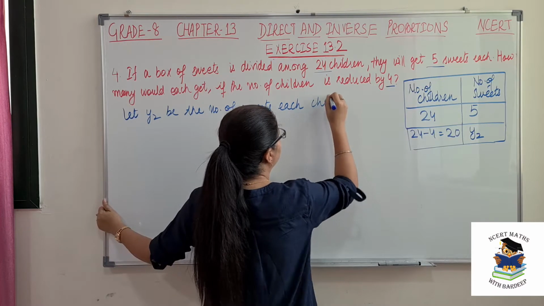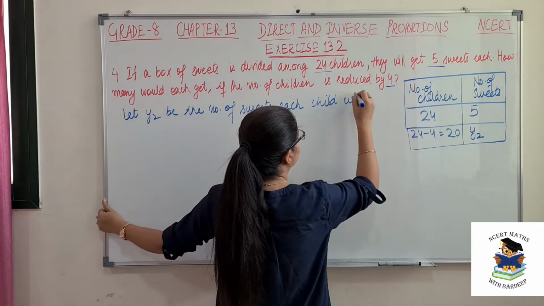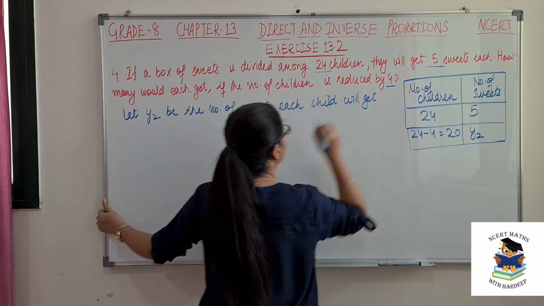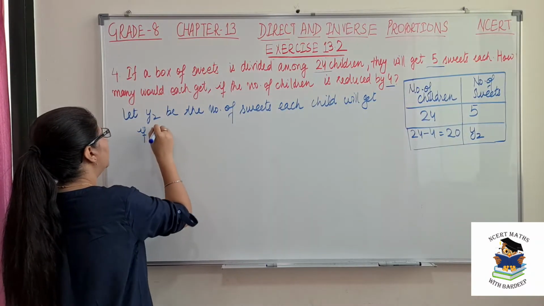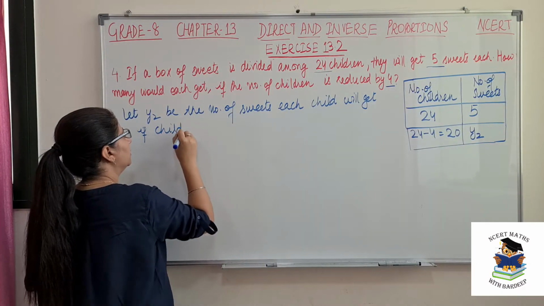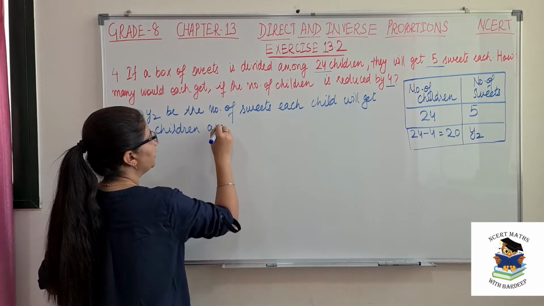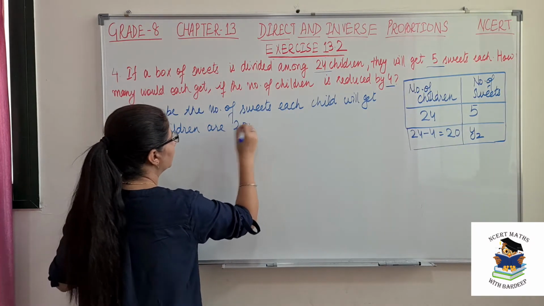So let y2 be the number of sweets each child will get if children are, in the second case, 20.